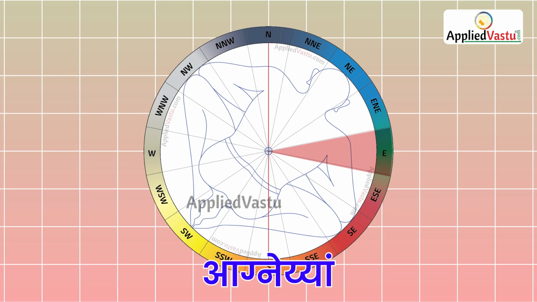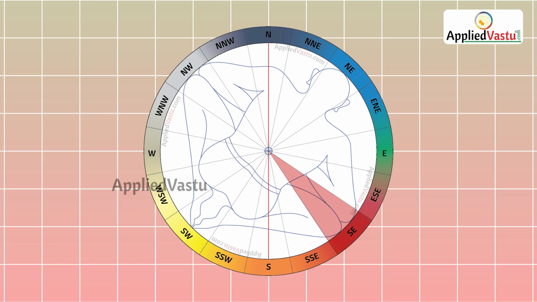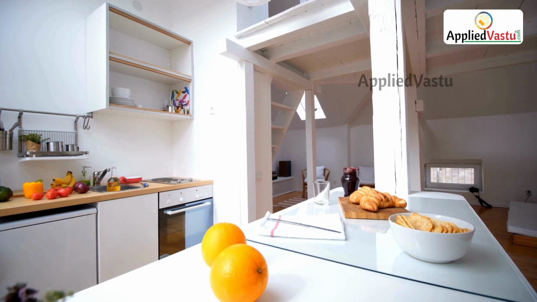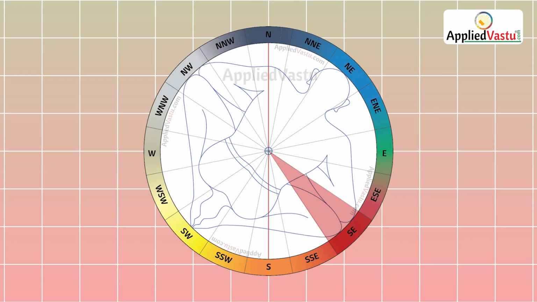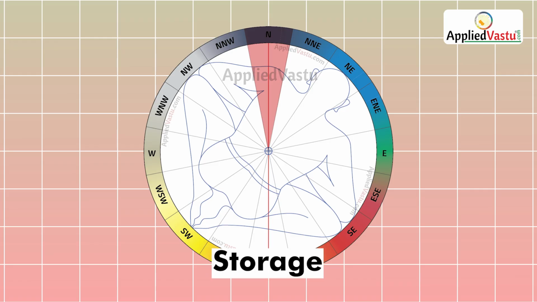Agneyam refers to the Agni corner or the southeast direction, and Paksadanam means kitchen. Therefore, the southeast direction is recommended for the kitchen and other fire-related activities. Similarly, the north direction is considered appropriate for storage and treasury purposes.